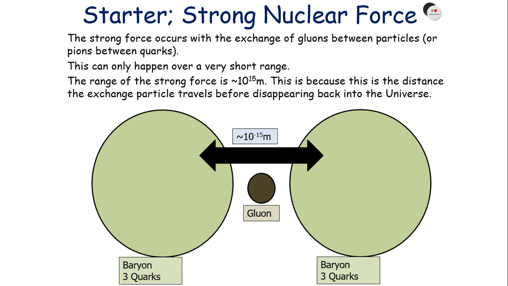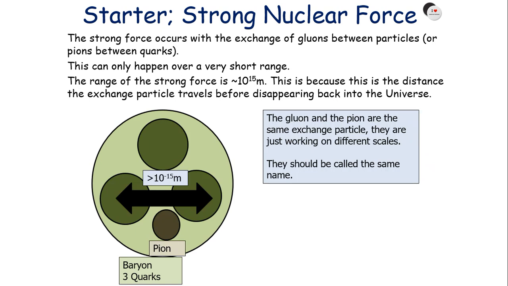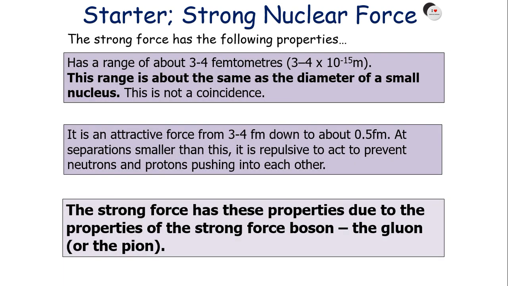But like we know before, because the gluon has a mass, it can only exist for a short amount of time, so it can only cover 10 to the minus 15 meters. So it can't actually travel that far. It works in between quarks in a particle as well as in between particles because they are smaller than 10 to the minus 15 meters away from each other. So as a result, it can still work on the quark scale as well.